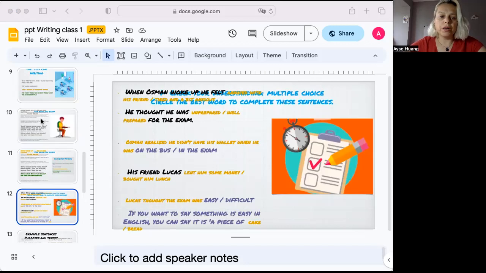Number 2, he thought he was unprepared for the exam or well prepared for the exam. Number 3, Osman realized he didn't have his wallet when he was on the bus or in the exam. His friend Lucas lent him some money, bought him lunch.